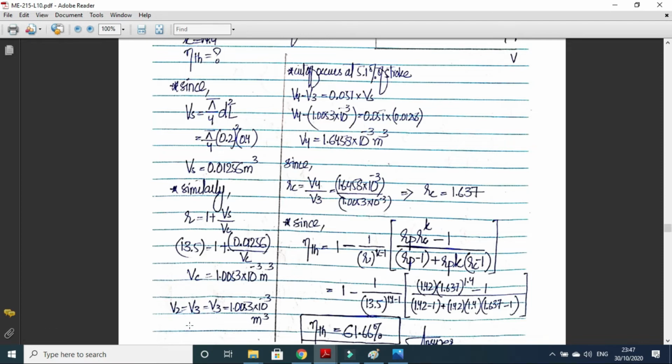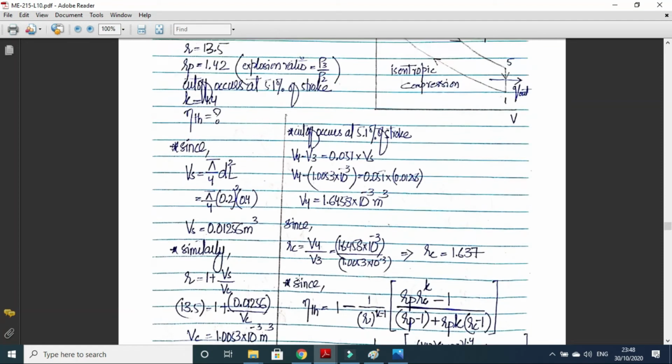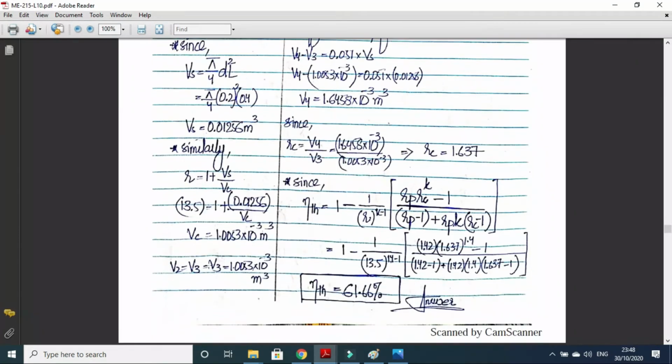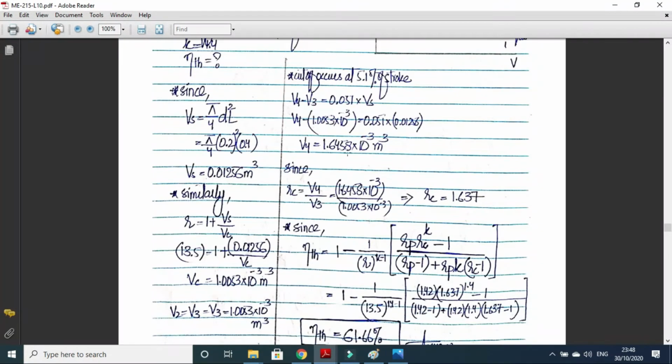V2 and V3 will both be equal to Vc. Cutoff occurs at 5.1% of the stroke, so V4 will be equal to V3 plus 0.051 into Vs. So with this we can calculate V4 because V3 is known. V3 is actually the clearance volume. So the cutoff ratio will be V4 upon V3.